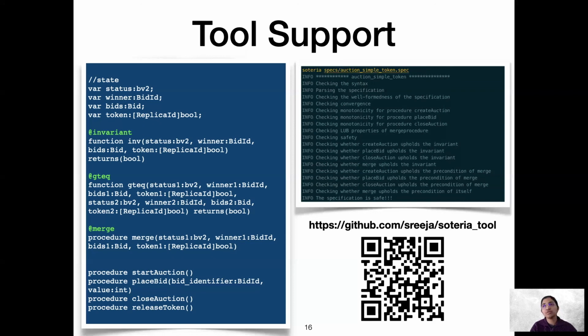In short, we are looking for the properties to ensure a semi-lattice so that it is guaranteed to converge. And then Soteria discharges the proof rule, which we mentioned just now, as safety properties. If all the checks pass, the specification is safe. Otherwise, Soteria will provide counterexamples to guide the user through fixing the specification.